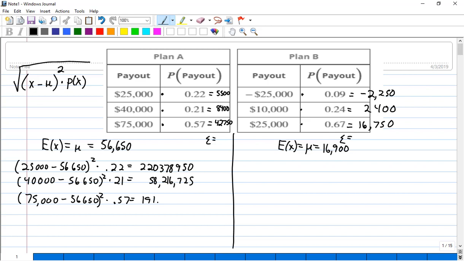So you see these numbers are really big, and some of these are in the hundreds of millions. All right, so we want to find the sum. If you find the sum of those, that's your variance.